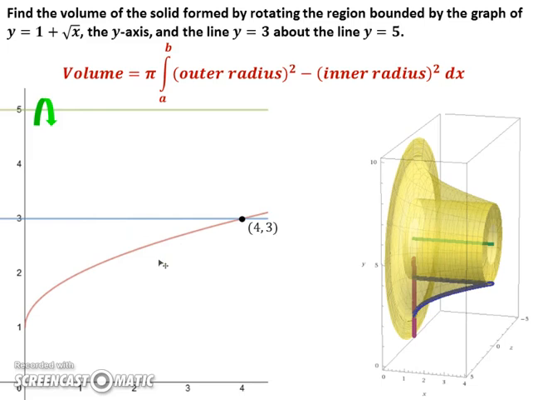Because we're integrating about a horizontal line here, about the line y equals 5, we're going to be dealing with vertical lines. So we're going to be integrating with respect to x.